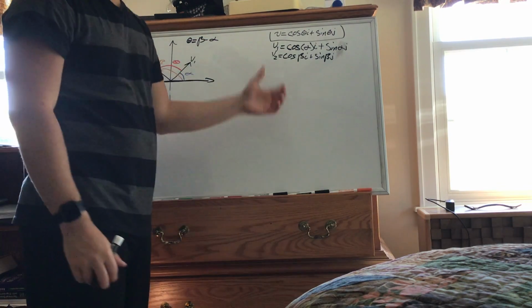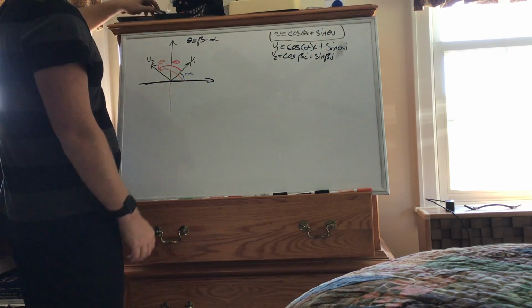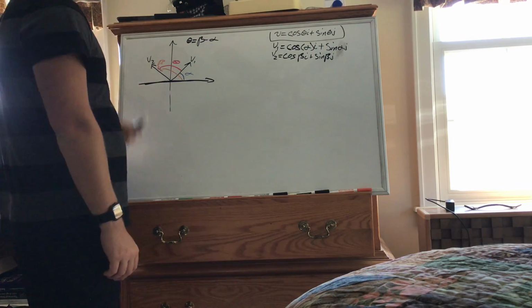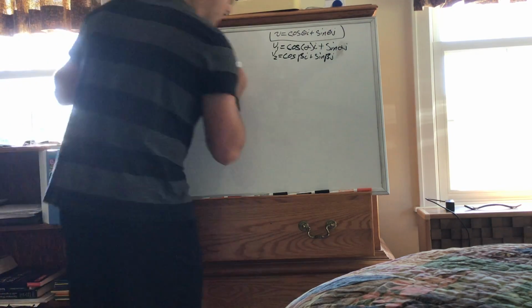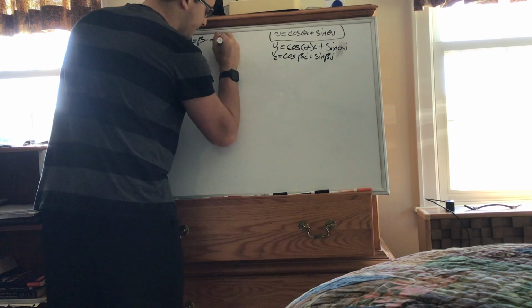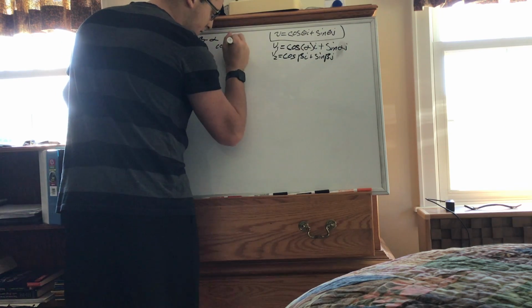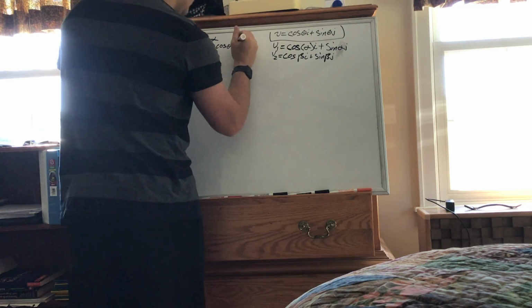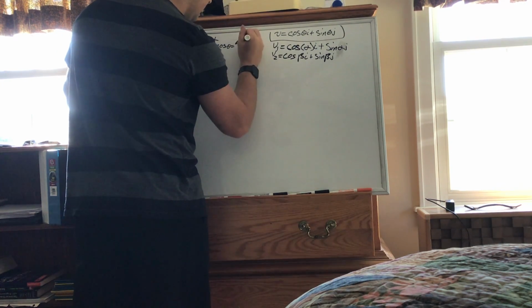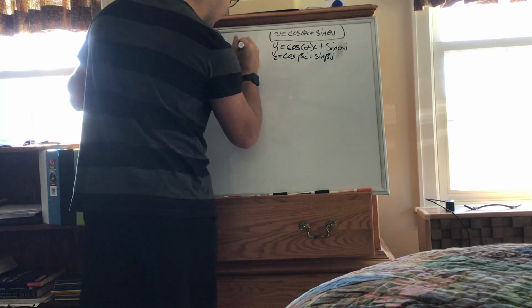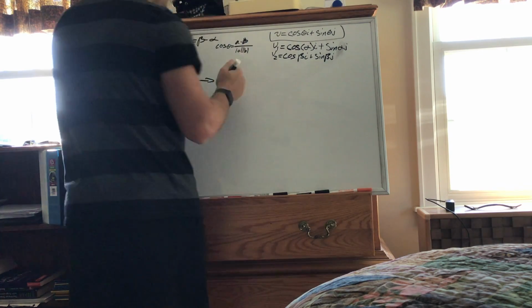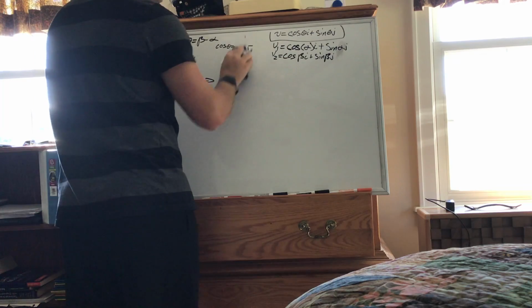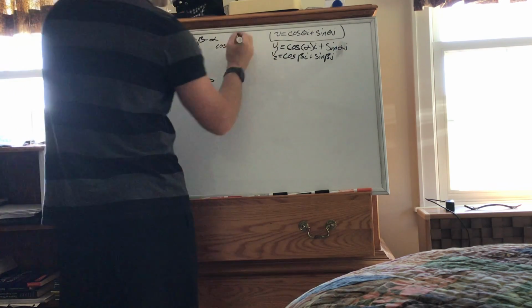Now we're going to apply a formula that we learned in this unit: cosine of theta equals the dot product of A and B over the magnitude of A and B. But for this demonstration, I'm going to use vector 1 and vector 2.